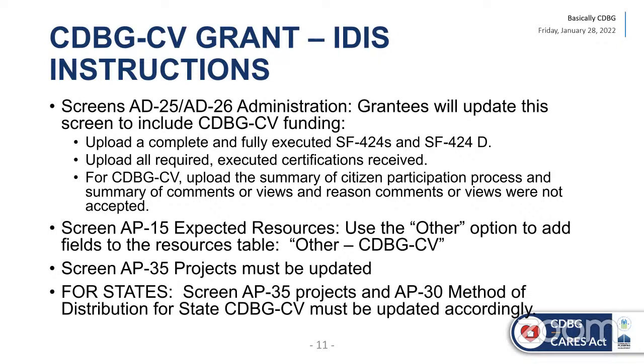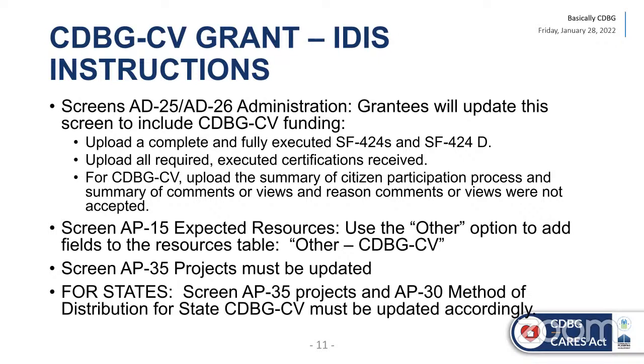So if you applied for CV1 funds through amending the 2019 action plan, for CV2 and CV3, you will amend the same action plan. If you amended a 2020 plan, then all 3 grants need to amend the 2020 plan.